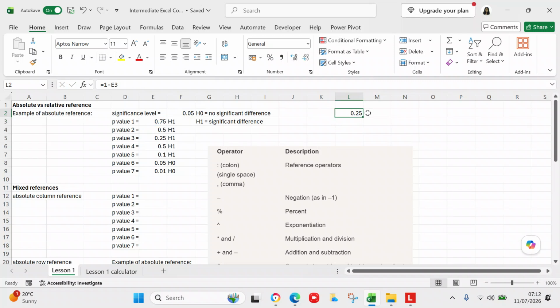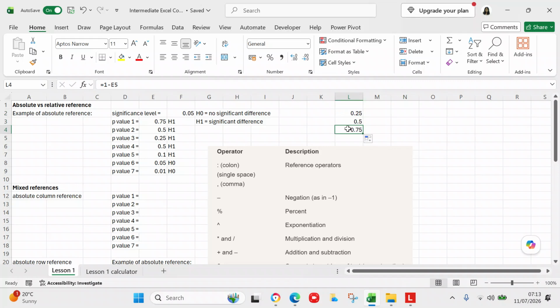And then you want to copy that over, but what we're going to do is move that down to number 2. So this is L2 is 1 minus E3. L3 is 1 minus E4.